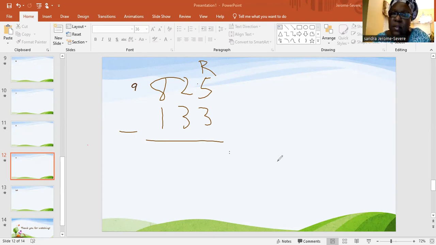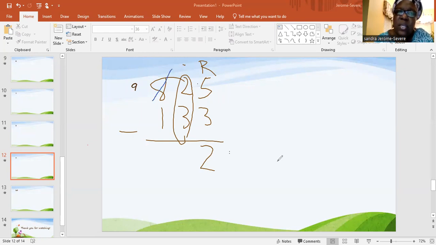Very good. If you say 5 take away 3, you have enough. That's 2. Very good. Now do the next step, which is right here. Very good. If you say you don't have enough, you need to go to your next door neighbor.